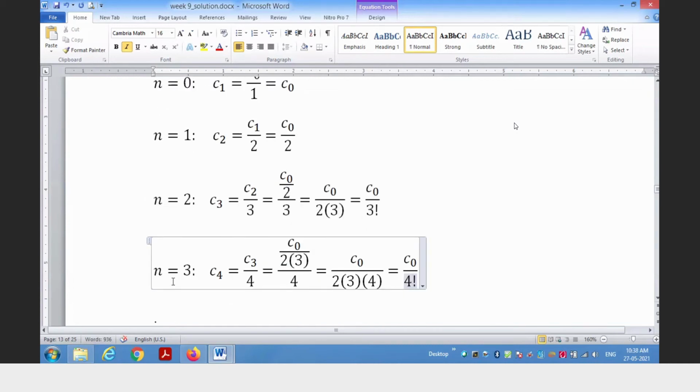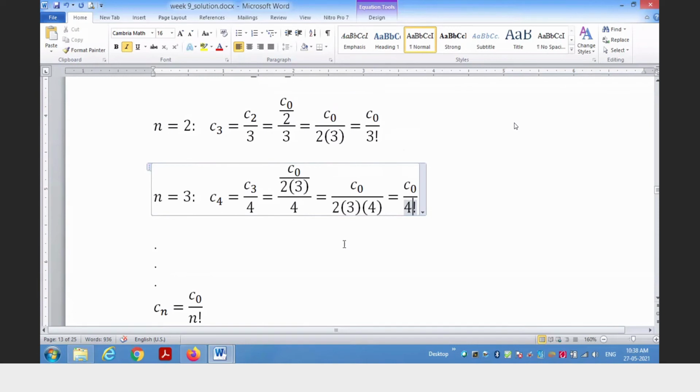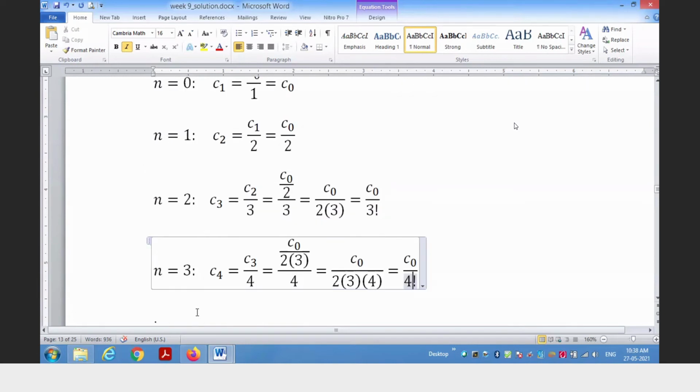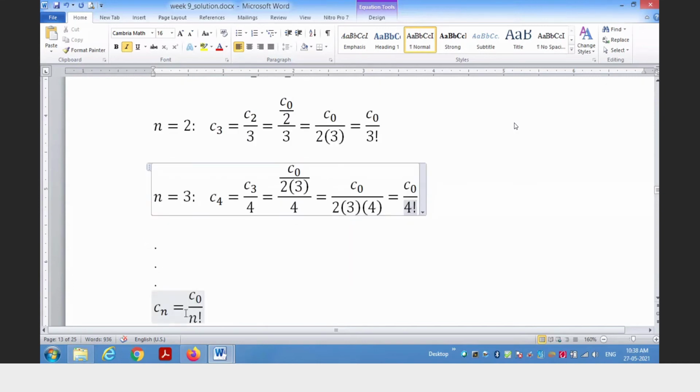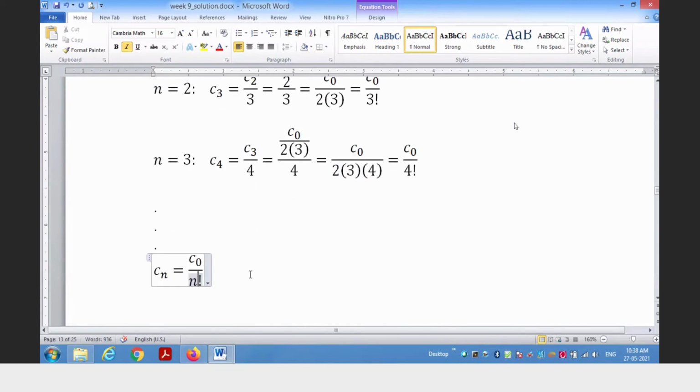When n equal to 2, we have C0 over 3 factorial. Actually, this one should be 2 factorial. No, this one should be n plus 1 factorial. Did I make some mistake here?